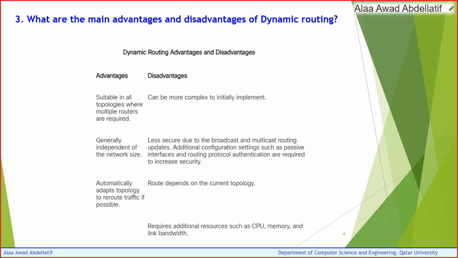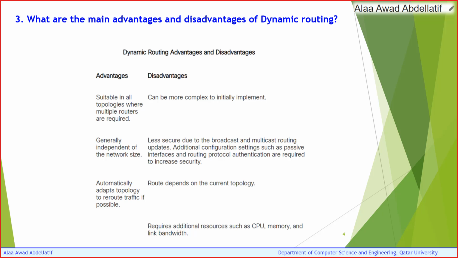Also, one of the disadvantages is that it's less secure. Due to the broadcast and multicast routing updates, additional information is exchanged between different routers and it makes dynamic routing less secure. The route depends on the current topology.